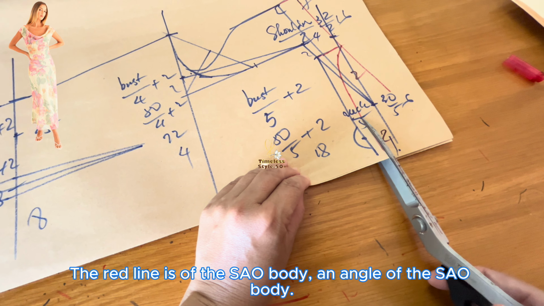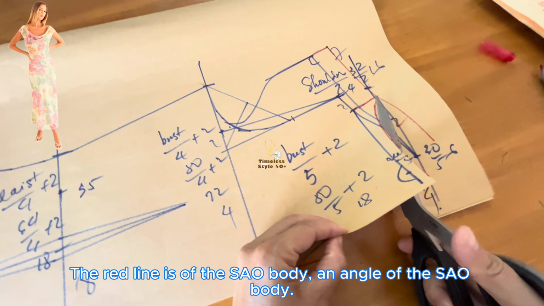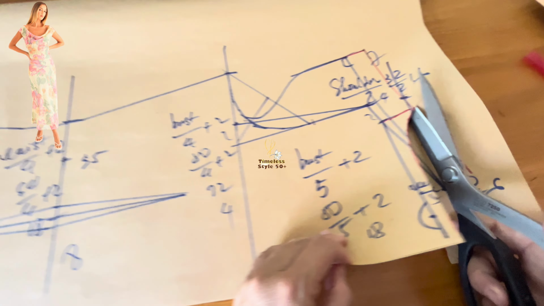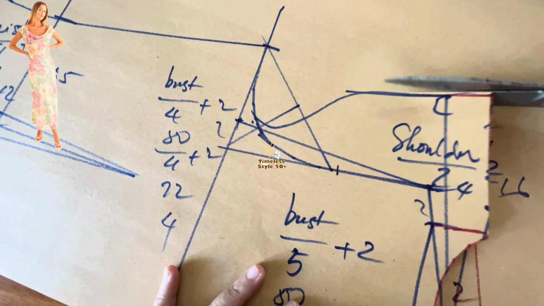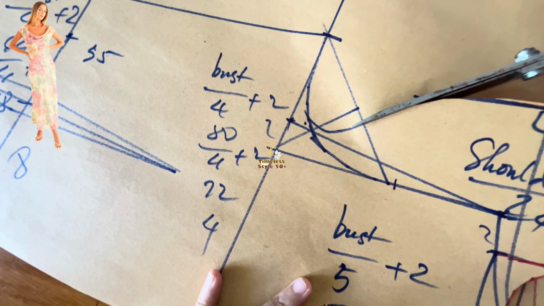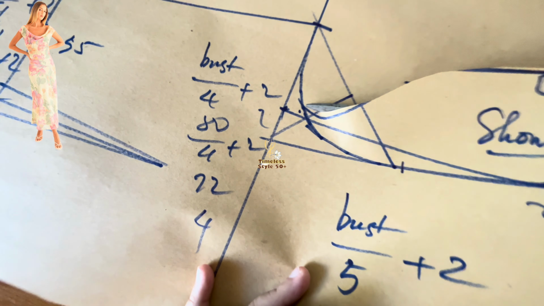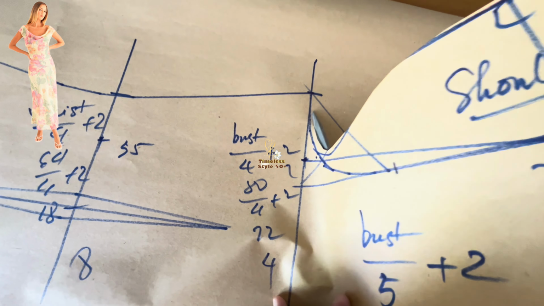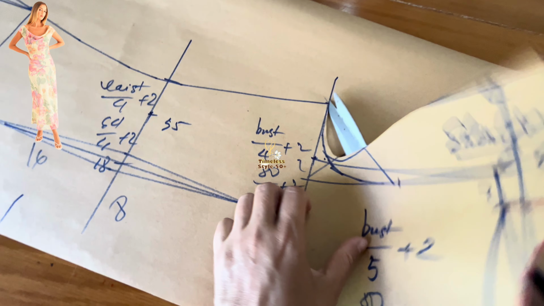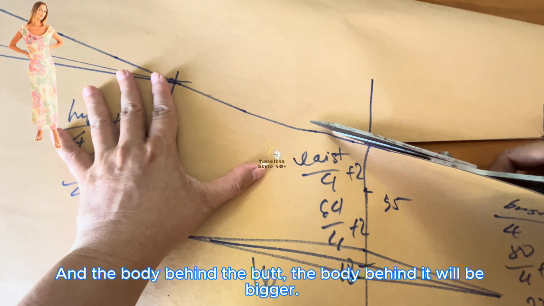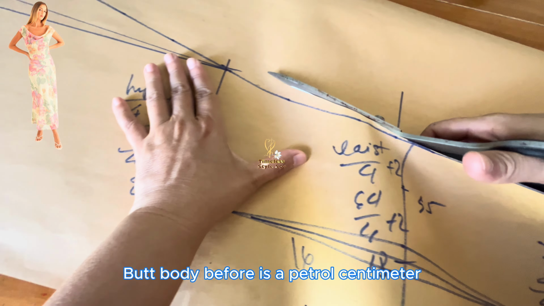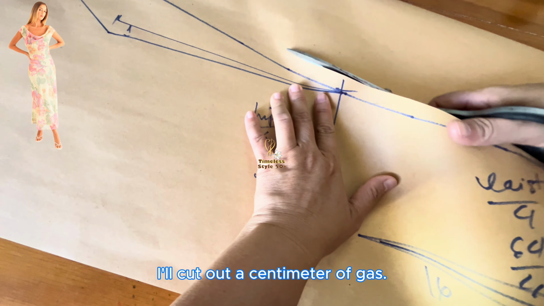The red line is of the body, an angle of the body. The front body is blue. And the body behind the butt will be bigger. The butt body before is a petrol centimeter. I'll cut out a centimeter of gas.